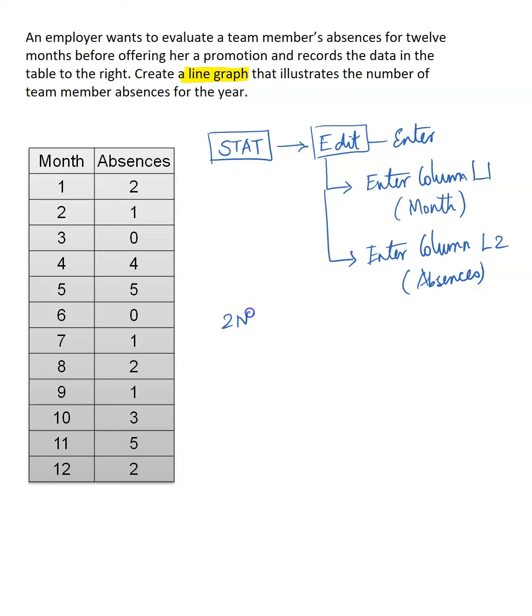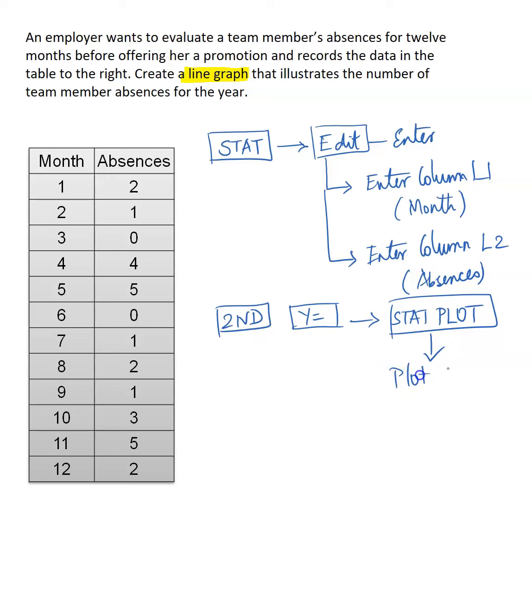Then you go to the second y equals, and that gives you the stat plot. Then go to plot 1, on. So go to the second one for the type.